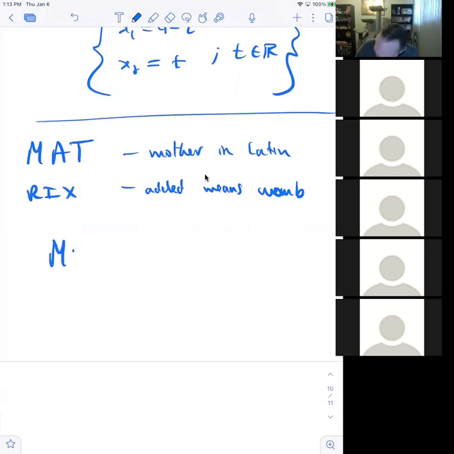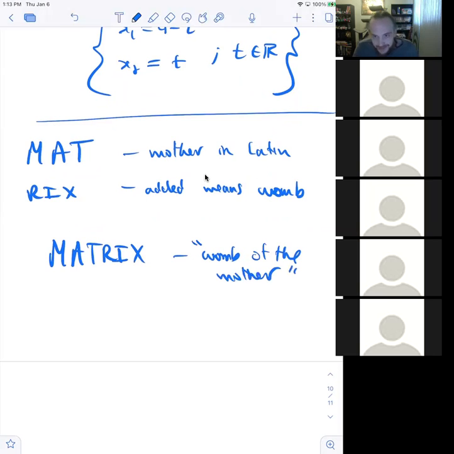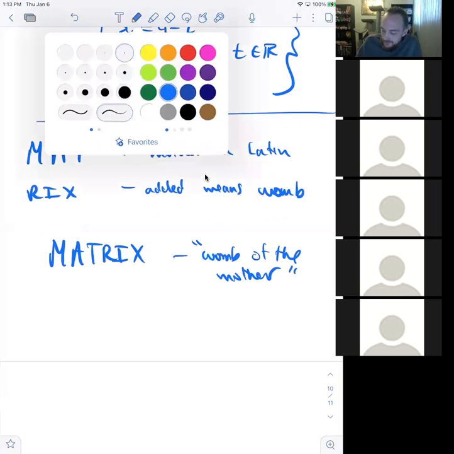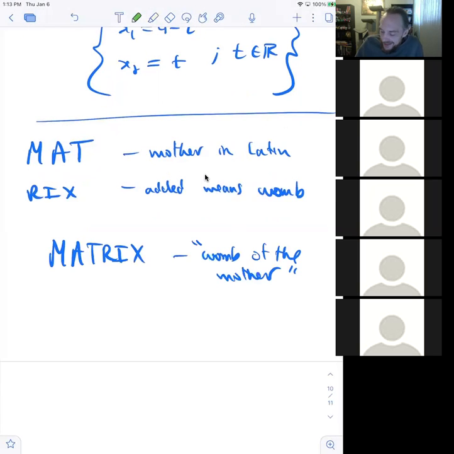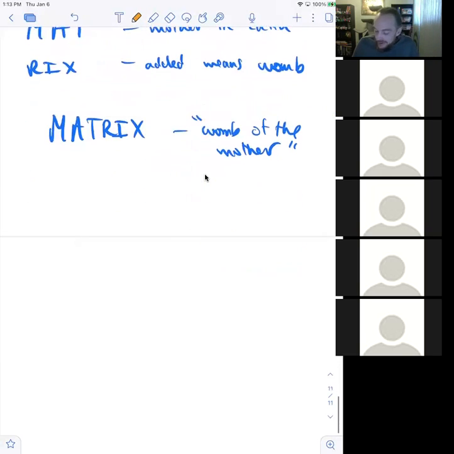So matrix means womb, essentially. Why are they calling it like this? If you can find out and understand why they called it the weird thing they called it, the math usually makes more sense. It has all the vital information and gives birth or rise to the solution every time.